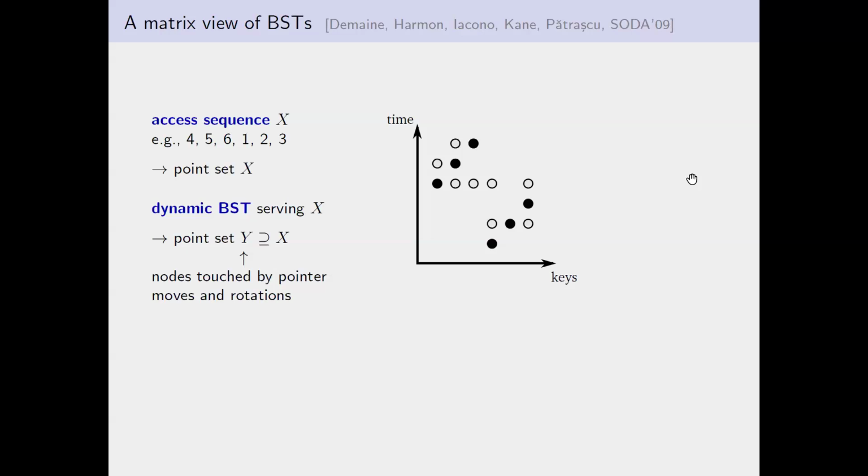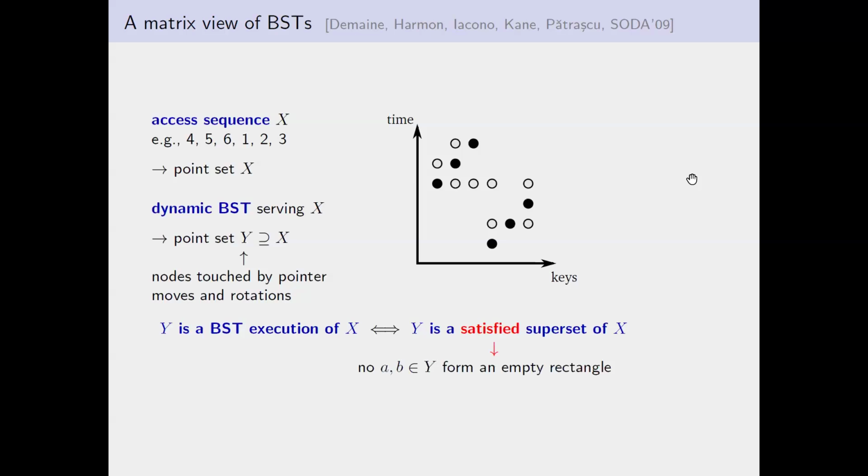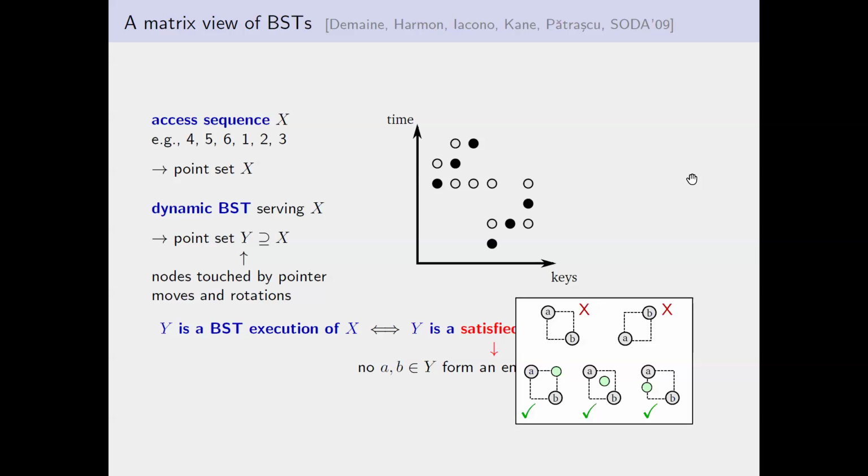So the execution of this sequence is encoded in this matrix. And luckily there is an exact characterization of which point sets correspond to a correct execution in a binary search tree. The condition is just that there can be no empty rectangle. There cannot be 2 points which are corners of a rectangle which doesn't have other points inside.